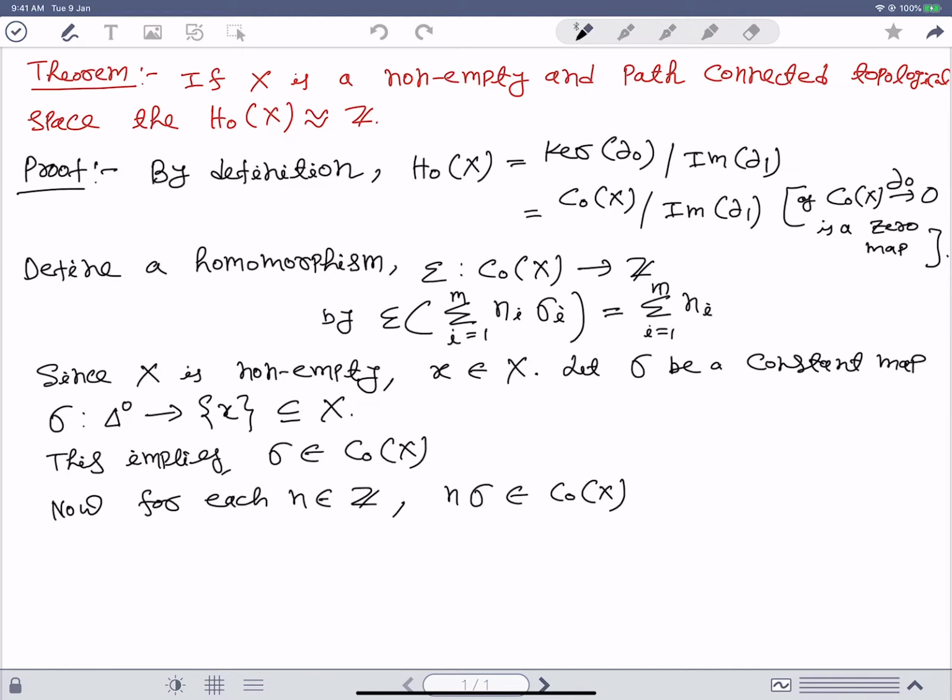So n sigma belongs to C0 of X, and by our definition epsilon of n sigma will be n, right. Therefore, for each n in Z we have a preimage. So that implies epsilon is surjective.